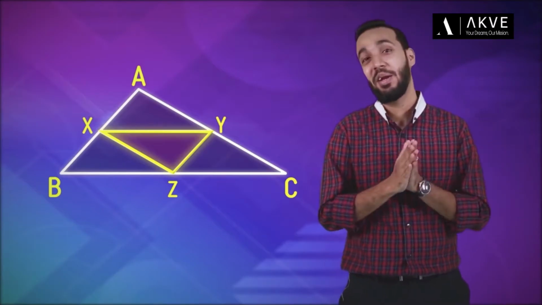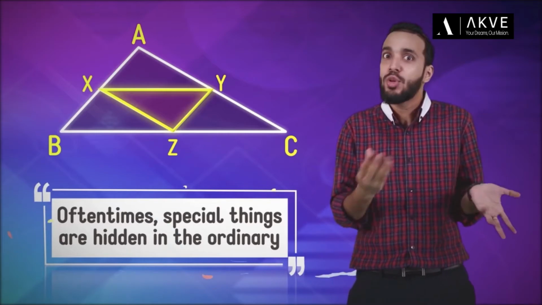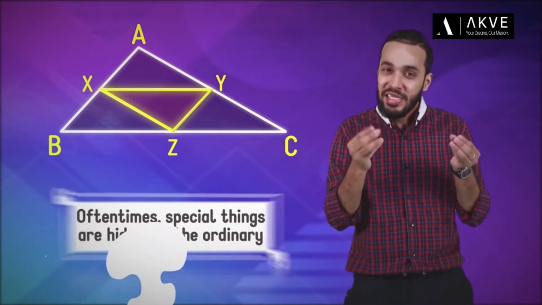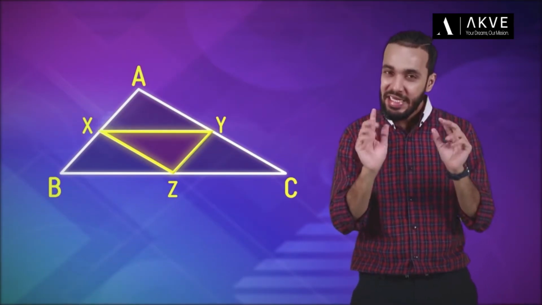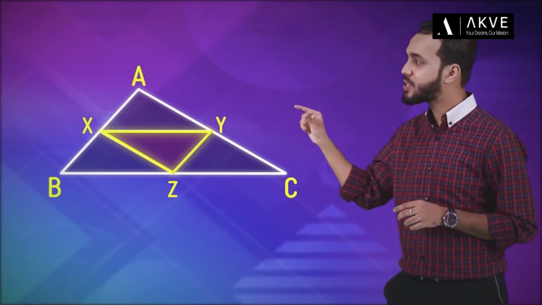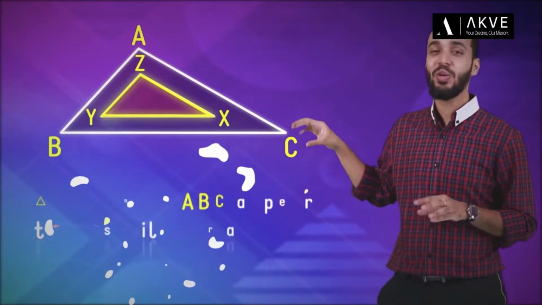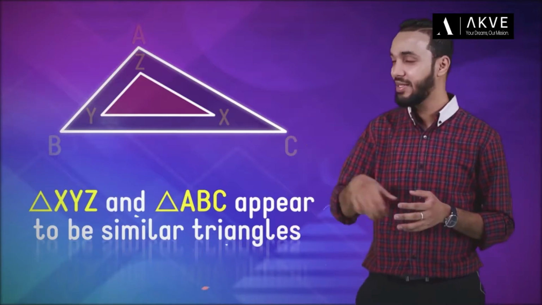Well, that's the secret of things that are special. Oftentimes, they are hidden in the most ordinary of things. To discover them, all we need is a little change in perspective. So, if you just flip XYZ upside down, you will see that these two appear to be similar triangles.